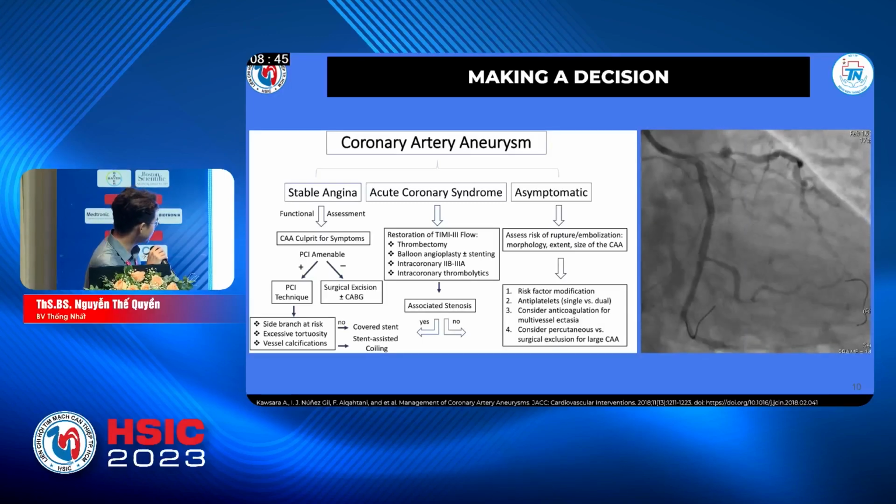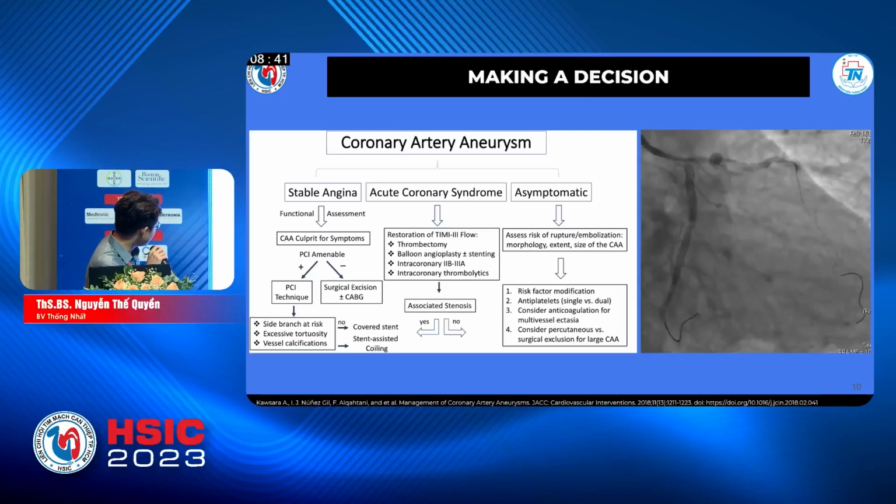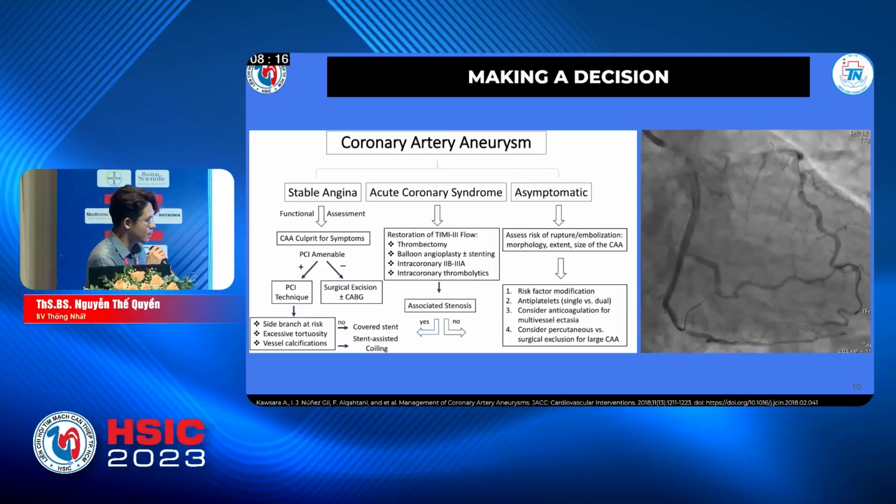An aneurysm with a risk of side branch loss, vessel tortuosity or calcification is not a good candidate for a cover stent. In our patient, we can easily see that the aneurysm is at the proximal part of the LAD, near the left main bifurcation. And there is a large diagonal branch in this area. So the risk of losing this diagonal branch and maybe even the circumflex is high if we use a cover stent here.